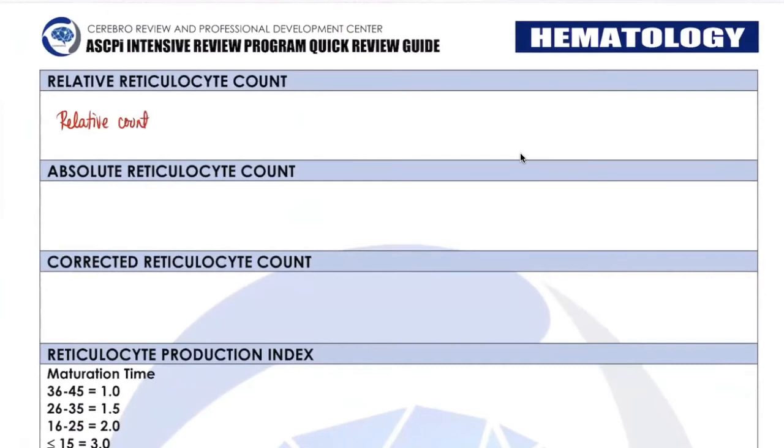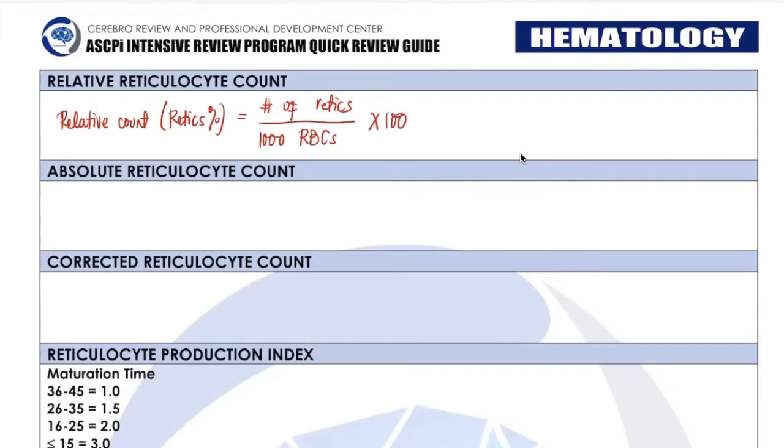So this is your retics in percent: number of retics counted divided by 1,000 red blood cells, times 100, kasi syempre in percent.